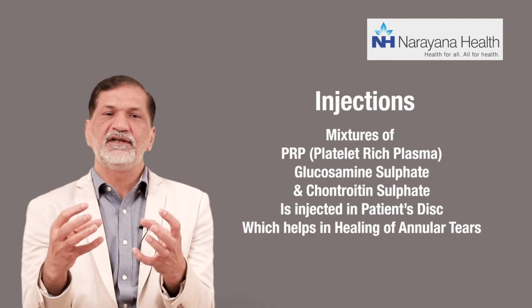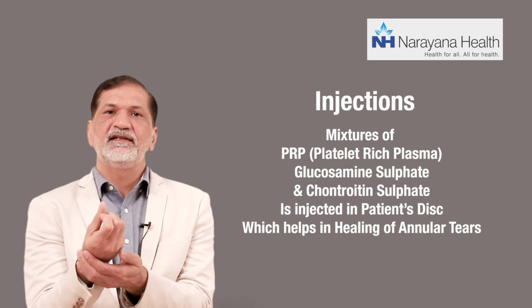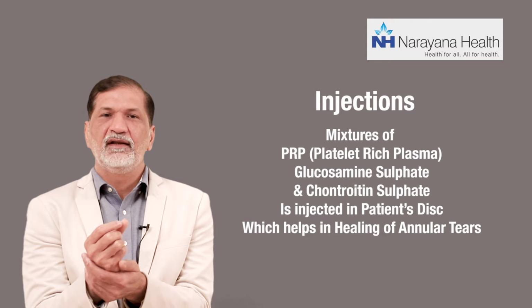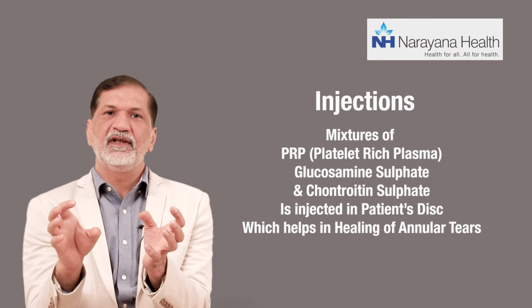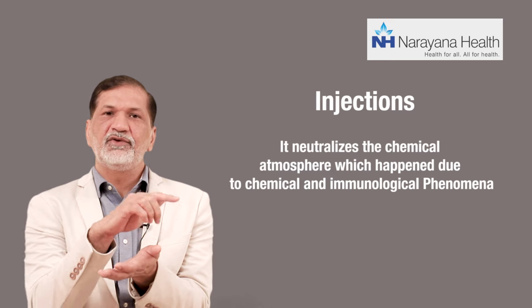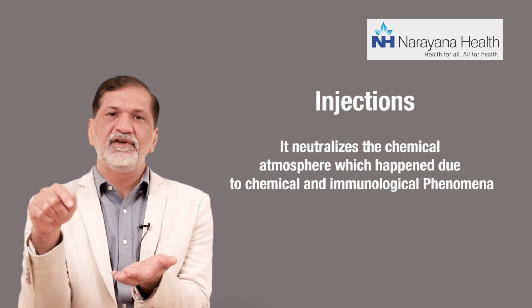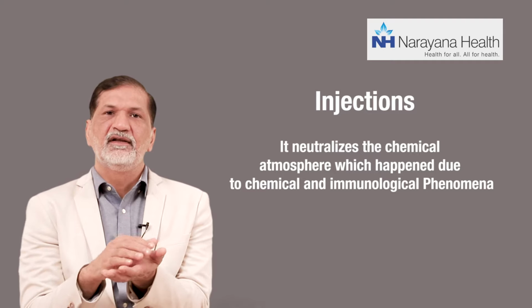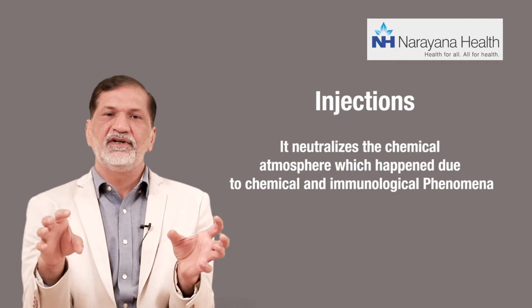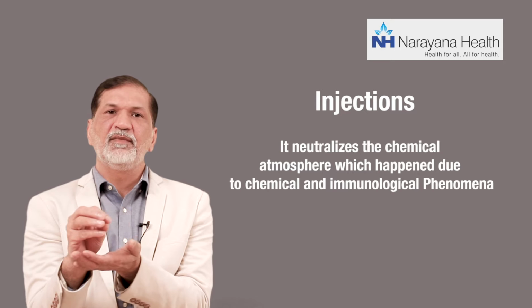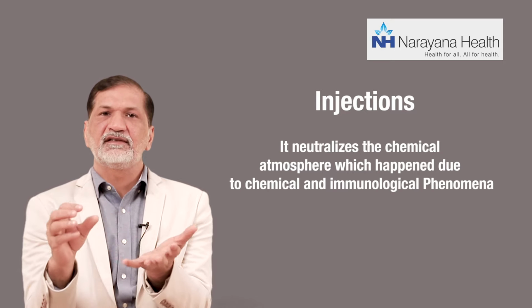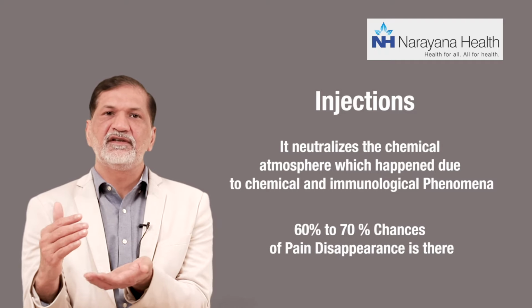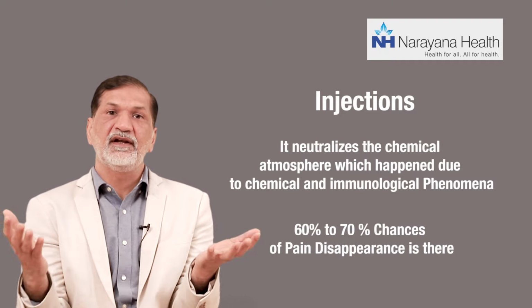We mix all these together and inject inside the disc. A very small amount is injected, around 0.5 to 1 ml, and that helps in healing of the annular tears. Also it neutralizes the chemical atmosphere created by the chemical and immunological phenomena. Once those chemicals are diluted, and there can be some healing because of PRP or stem cells, patients feel wonderful. There is up to a 60 to 70% chance their pain may disappear.